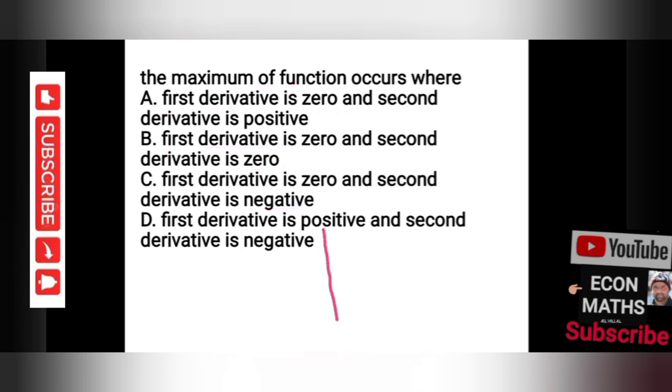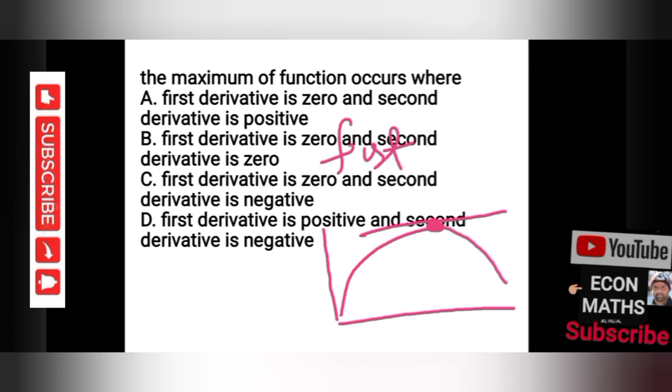Let us draw a graph. Let us say this is our function. Here we can see the maximum is this point. The maximum of a function will occur where the first derivative is 0, that is, the slope of the function is 0. So the first derivative should be 0. And after that, when reaching the maximum, the second derivative should be negative.